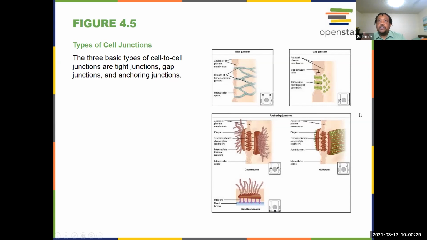So let's talk about the types of cell junctions, okay? We have a few. First off, why do we need cell junctions? What is the significance?